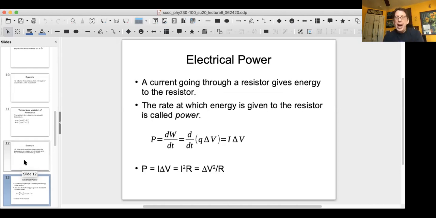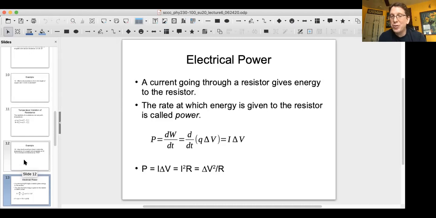And so power is the amount of work done per unit time. And so you go through the math, and what you get is that the power is equal to the current going through a segment of circuit multiplied by the potential difference between the two ends of that segment of the circuit. And that tells you how much power is lost.